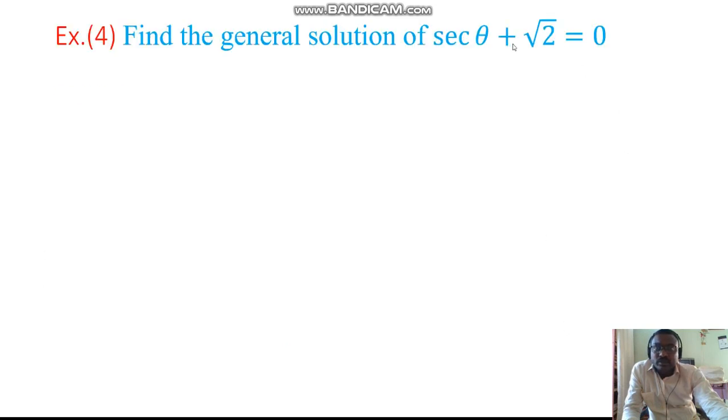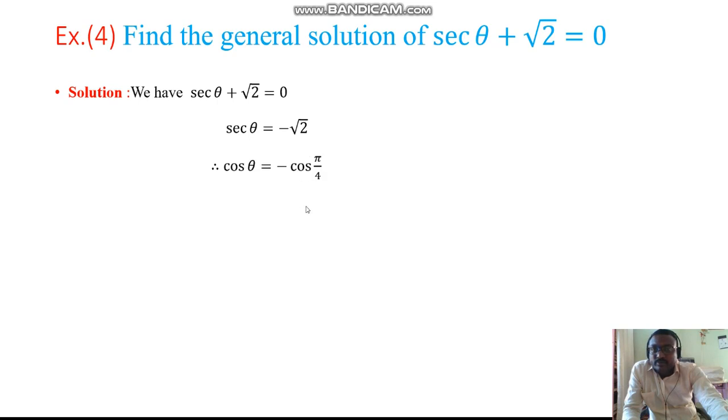Now next example, sec theta plus root 2 equals 0. First convert this equation into the form cos theta is equal to cos alpha. Because cos theta is equal to minus 1 by root 2, and 1 by root 2 is the same as cos pi by 4, we get cos of (pi minus pi by 4).